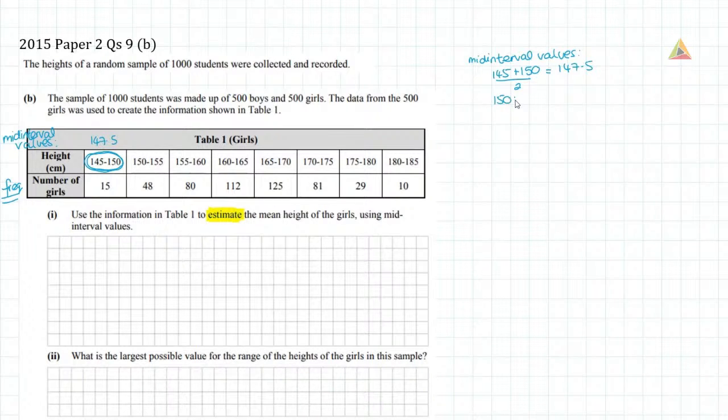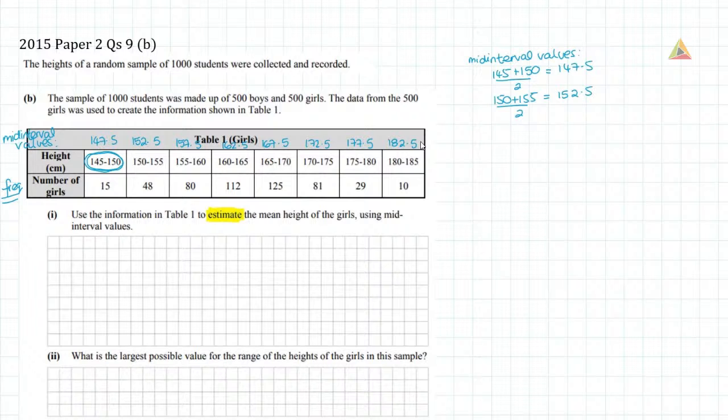And we're going to repeat that for each of these as we go along through the groups. So we'd have 150 plus 155 divided by 2, and that's going to give us 152.5. And we keep going with that the whole way across and we'll get 157.5, 162.5, 167.5, 172.5, 177.5, and 182.5.